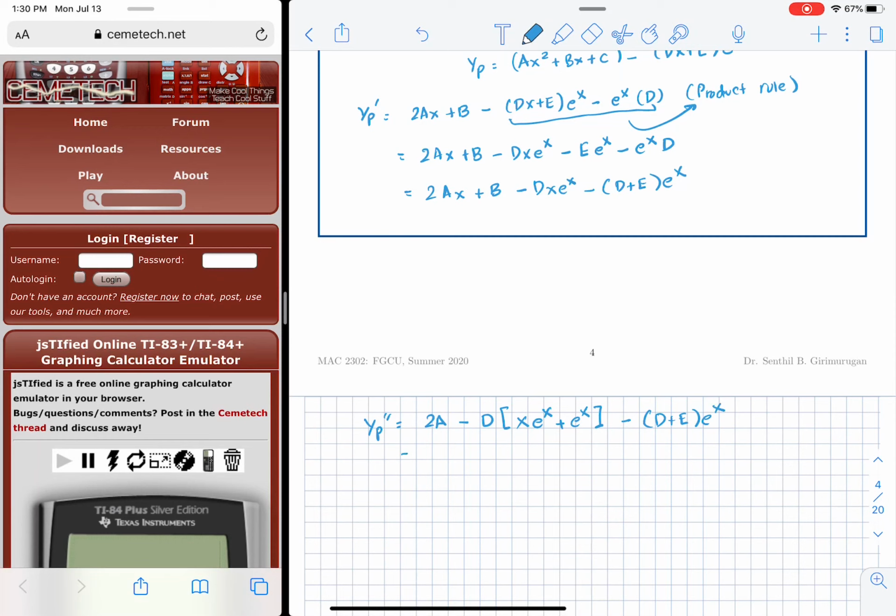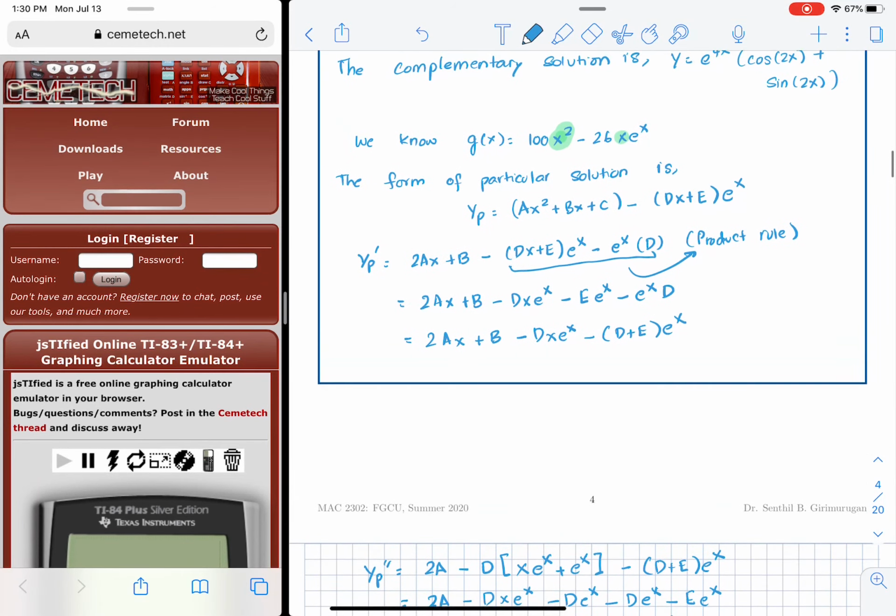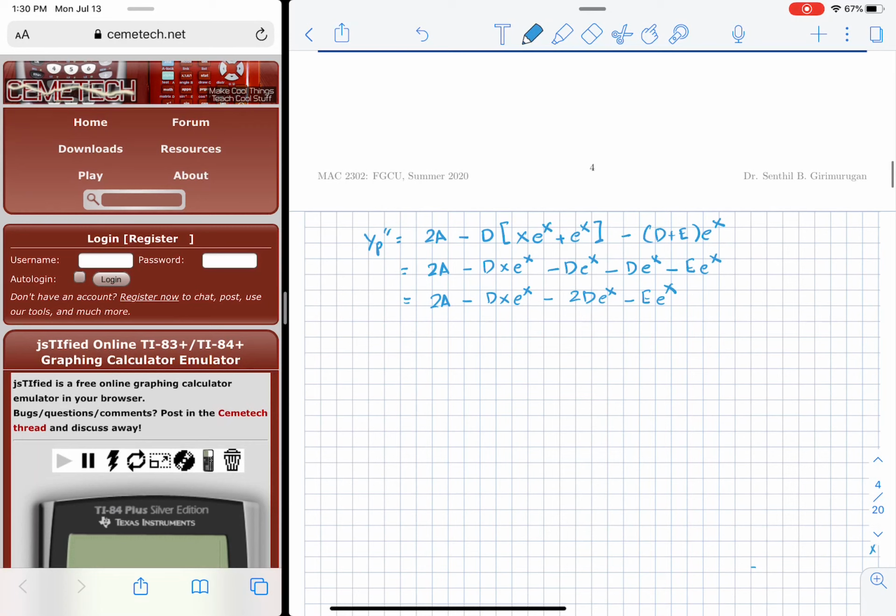We could go ahead and simplify this. 2a minus dx e raised x minus d e raised x minus d e raised x minus e raised x. When we combine those, we have 2a minus dx e raised x minus 2d e raised x minus e raised x.